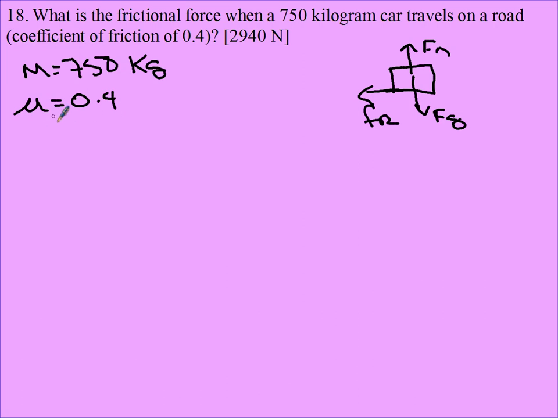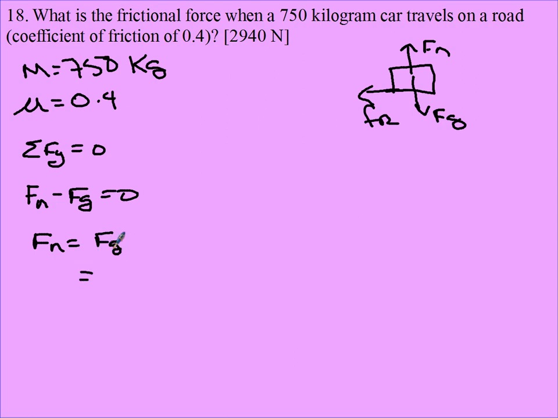Whenever you're looking for friction, you've got to find the normal force to start with. So we need to sum the forces in y, and this is 0 because it's not moving in y. So Fn minus Fg equals 0. Fn is going up, Fg is going down. So the normal force has to equal Fg. I know my formula for weight is mg.